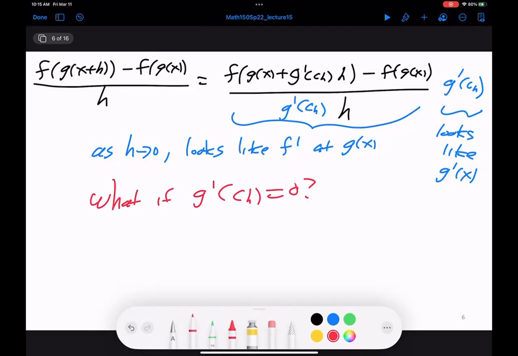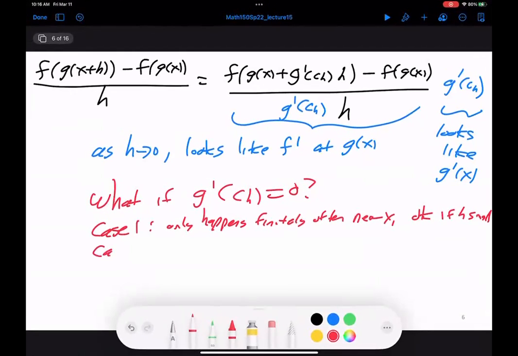Well, there's two ways this could happen. One is that it can happen only a few times. If it only happens a few times, then eventually when h is sufficiently small, we never have to worry. So does everyone agree that if it only happens a few times, we're okay? So case 1: it only happens finitely often near x, so we're okay if h is small. What's case 2? Okay, but there's other ways.